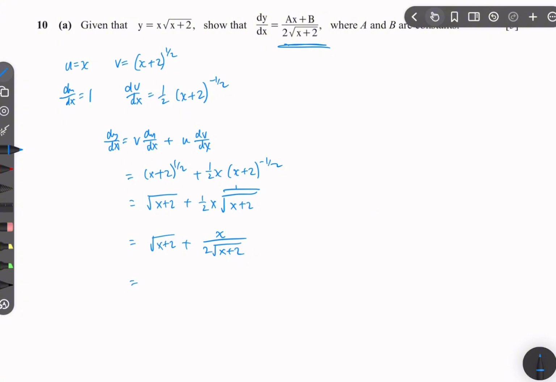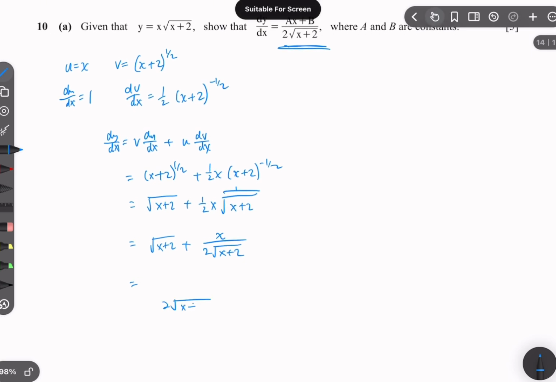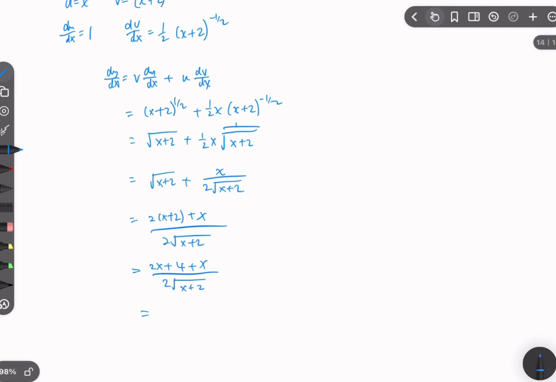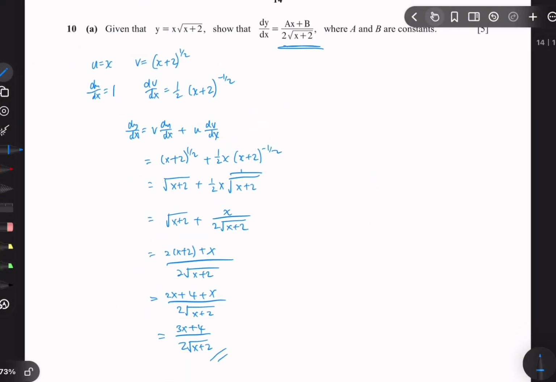Okay, now the denominator is 2 root x plus 2. I can also make the denominator the same. So root x plus 2 times 2 times root x plus 2 will be 2x plus 4, plus x, so it is 3x plus 4 over 2 root x plus 2. So this is the final answer.